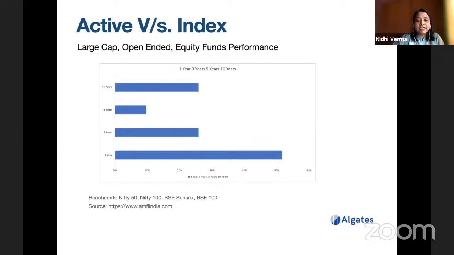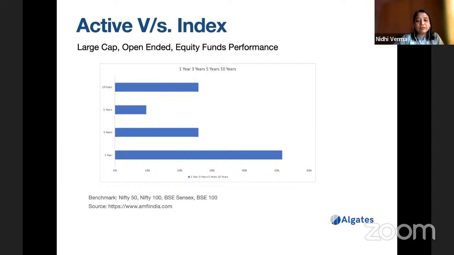We have compared them with a benchmark index. For some, the benchmark index is Nifty, and for some it is Sensex, and depending on the fund category, the benchmark has been chosen. For some it is Nifty 100, and for some it is BSE 100. So we took all the large cap open-ended equity funds operating in the Indian market.